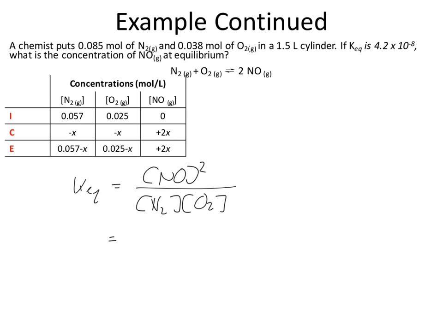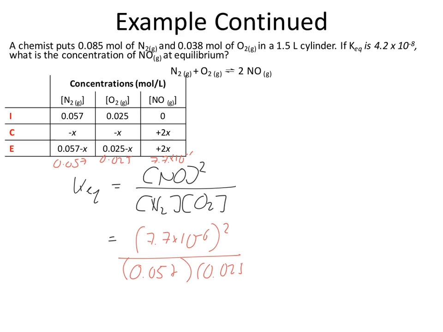Now our equilibrium concentrations that we got from before were 0.057, 0.025, and 7.7 times 10 to the negative 6. So we plug these values in, 7.7 times 10 to the negative 6 to the power of 2 over 0.057 multiplied by 0.025.